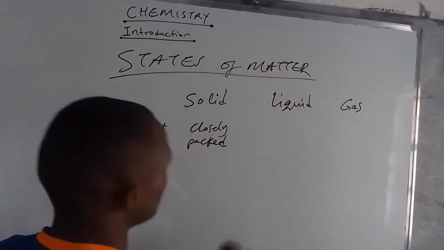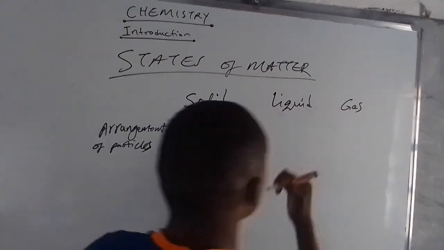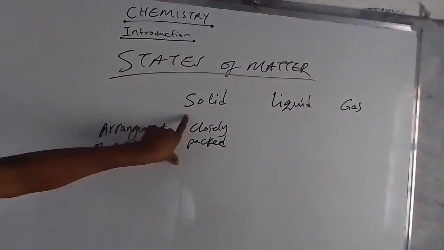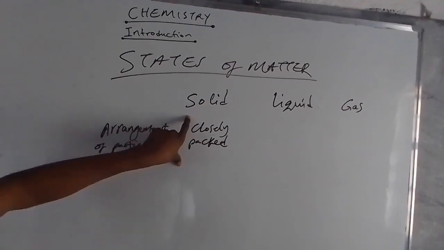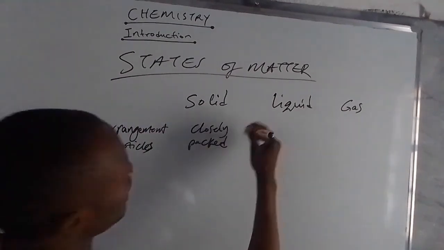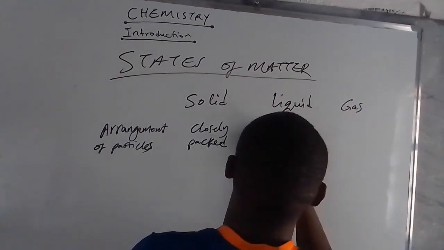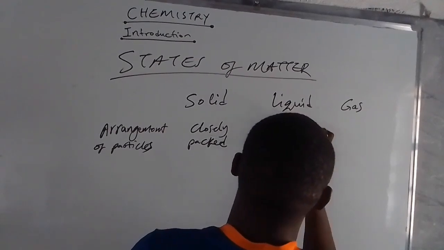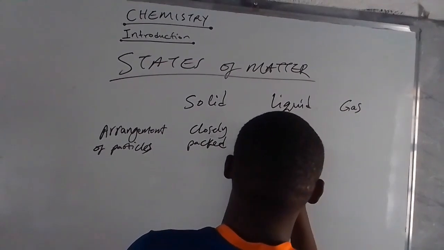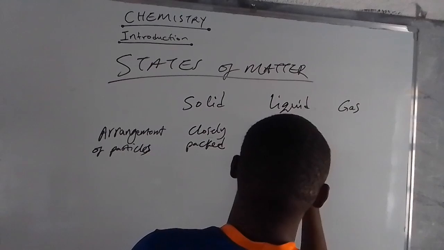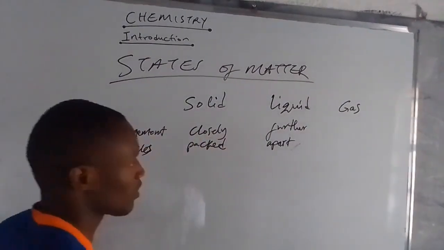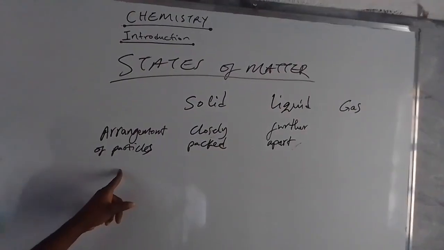So in liquids, they are a bit far away from each other, which means they are not as compacted as in solids. So we can just say they are further apart from each other. We are talking about the arrangement of particles.